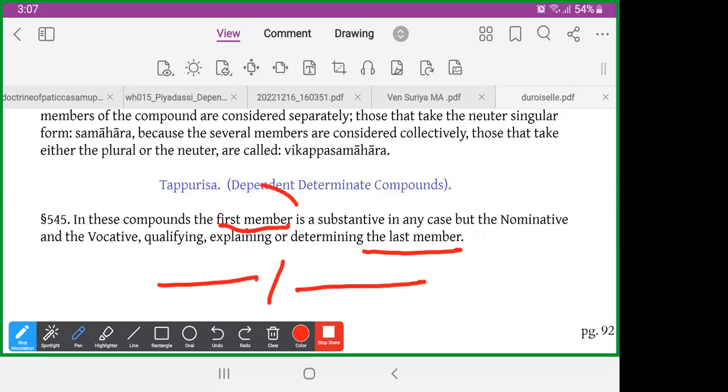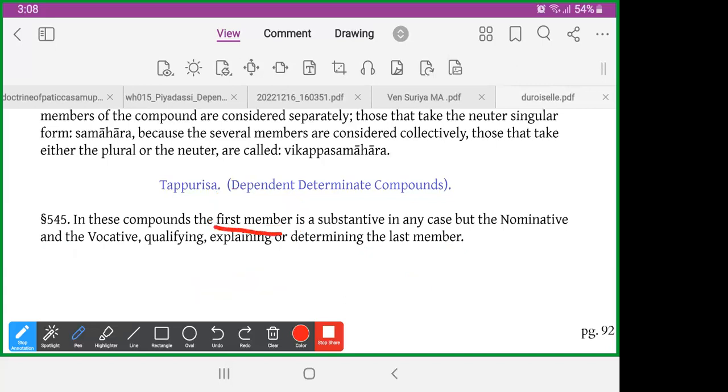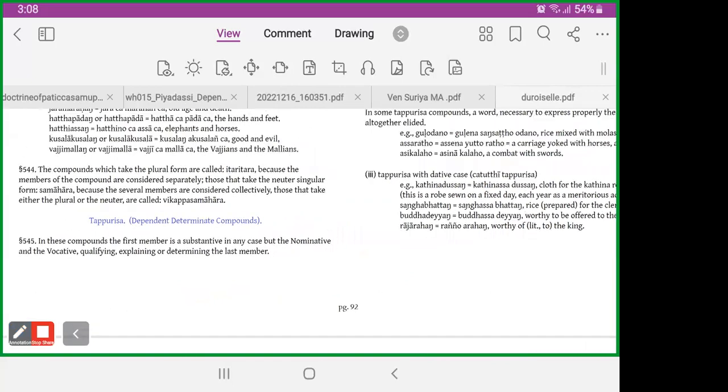The first one can be any case, but it cannot be nominative or vocative. So these two are not acceptable. It can be instrumental, dative, ablative, but not nominative and not vocative. So this is trying to explain the first member and then the last member. Now we are going to look at the example.